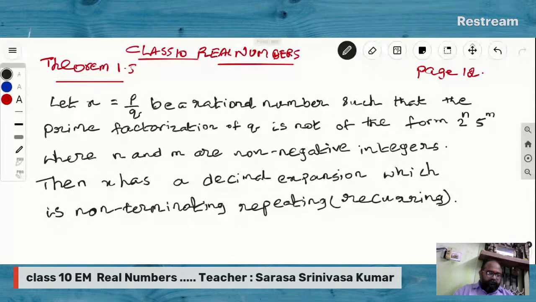So yesterday we did some problems, and for example we note down an example for this statement.